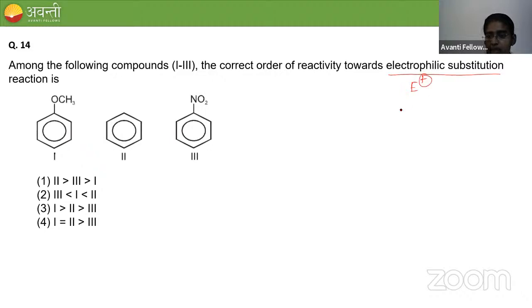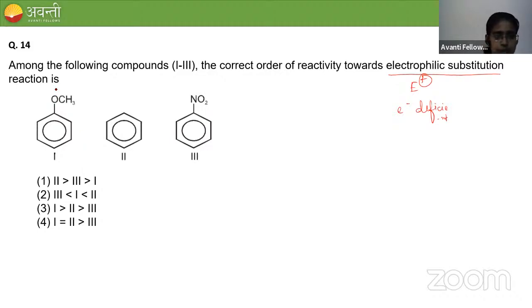Electrophiles are electron deficient species. If an electron deficient species has to come and substitute, the compound should be electron rich, right? So we have to find out which among the following compounds is electron rich, so that it will be more reactive for the electrophilic substitution. Because only an electrophile reacts with a nucleophile. That is, only electron deficient reacts with electron rich.